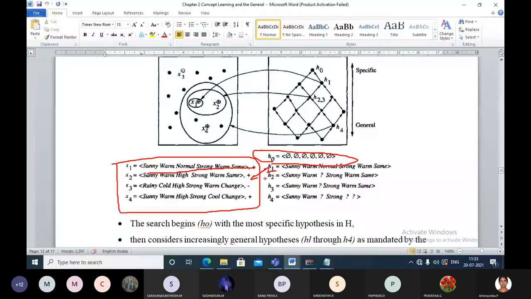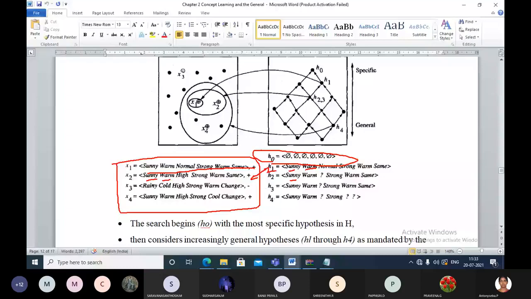The first attribute is sunny here and also sunny here, so no issues. Consider the same sunny again in your next hypothesis. In the same way, compare the second attribute value, warm, with the second data instance value. It is a match, so consider the same.